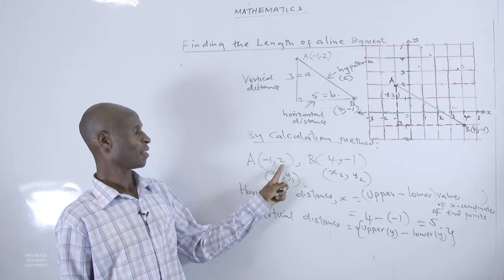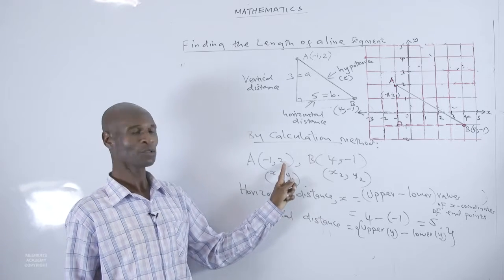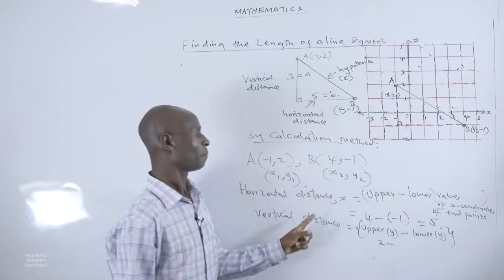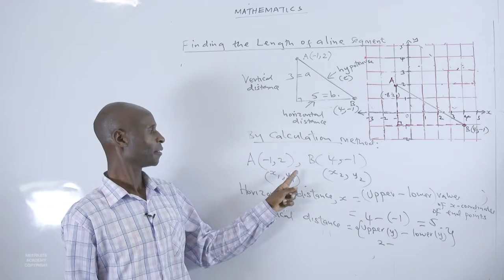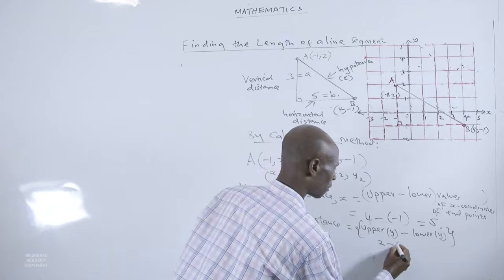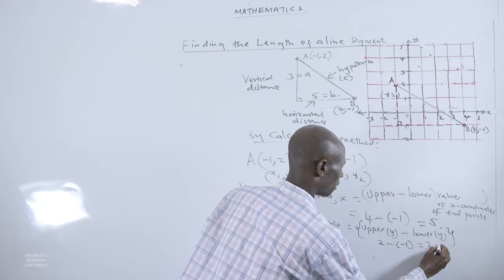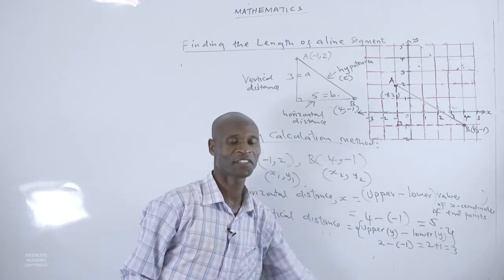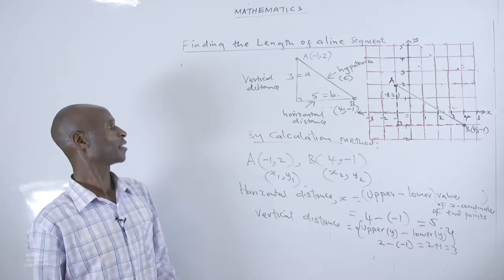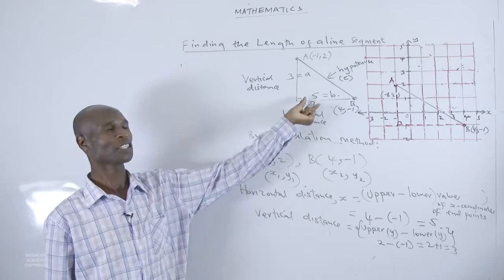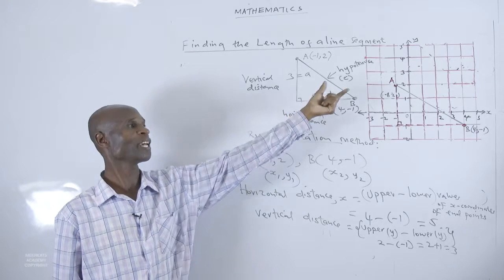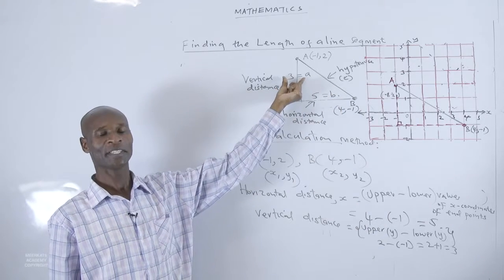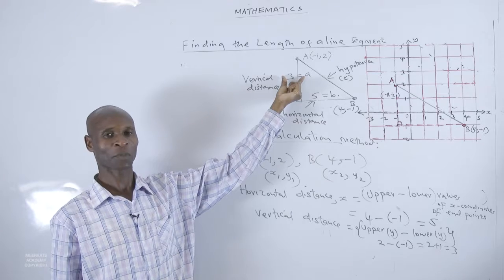In our case, the upper value for y is 2 minus the lower value for y, which is minus 1, that means 2 plus 1 is 3. So you'll notice that again the horizontal distance is 5, which is in line with what we had previously, and the vertical distance is 3, which is in line with what we had previously.